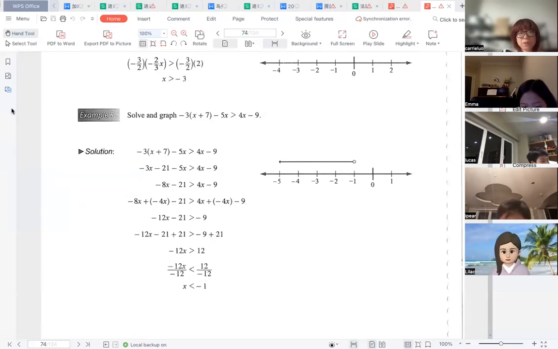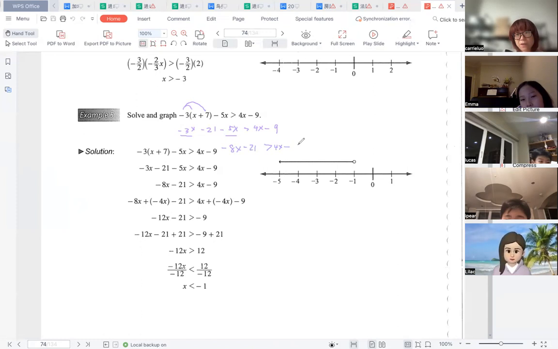When you have an equation like that, Emma, you need to multiply them out first. Negative 3x minus 21 minus 5x bigger than 4x minus 9. Get it, everybody? So putting together equals negative 8x minus 21 bigger than 4x minus 9.